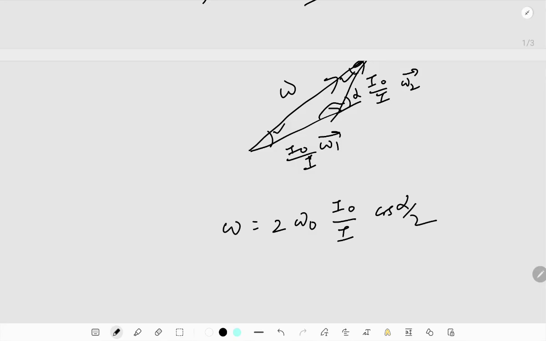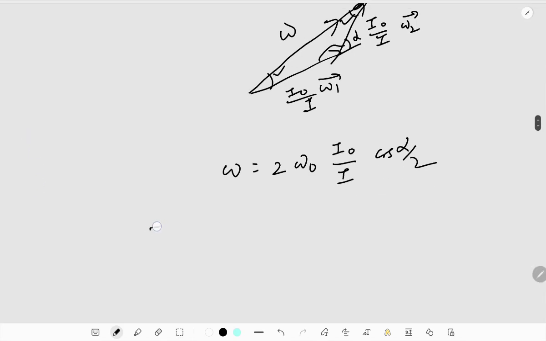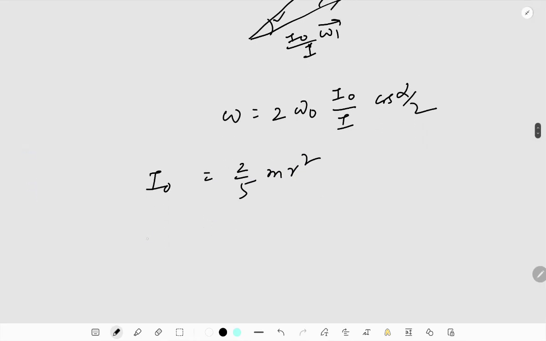And how can you find I, and what is I and what is I naught? I naught was basically, since they were spherical balls, 2 by 5 m r square.